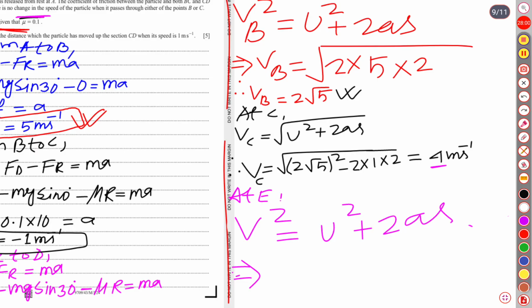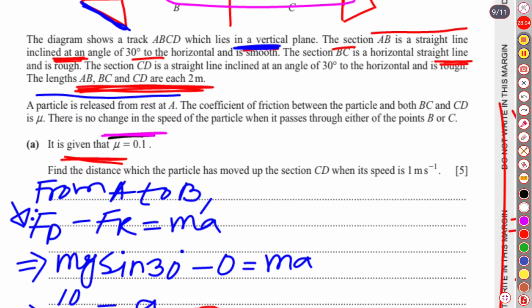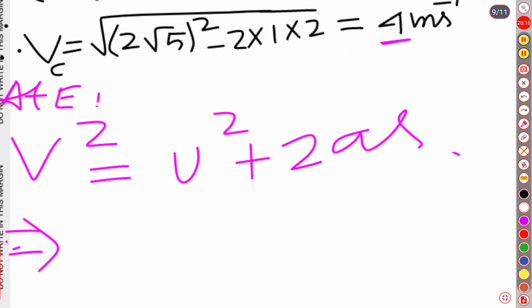They have told us to find the distance which the particle has moved up the section CD when its speed is 1 meter per second. So final velocity is given as 1 meter per second, and initial velocity was 4 meters per second. So we can use 4 squared, final velocity 1 squared, and acceleration, s is to be obtained.